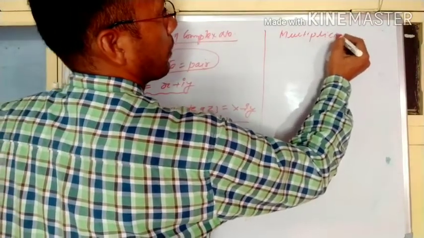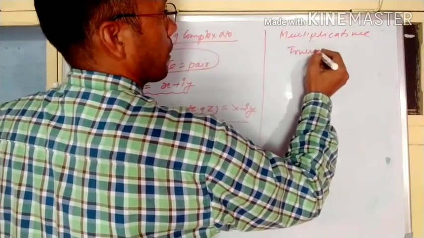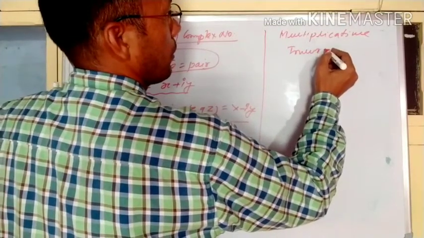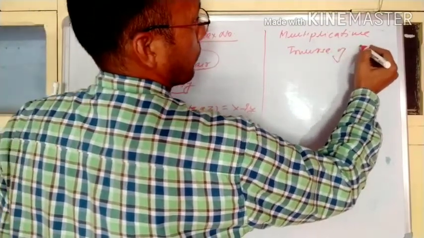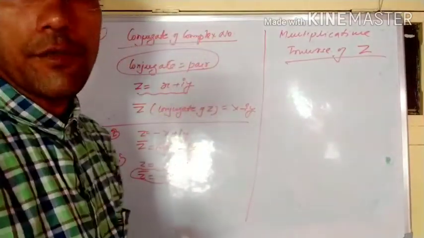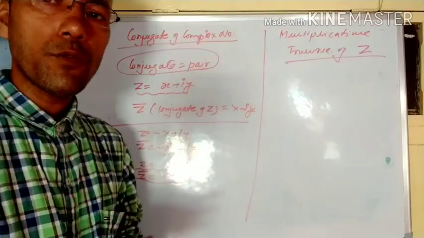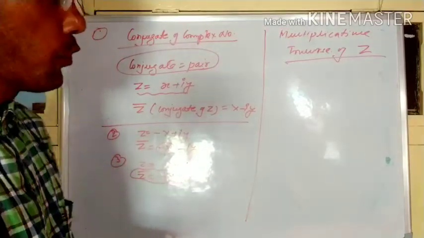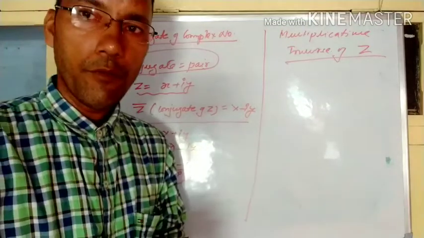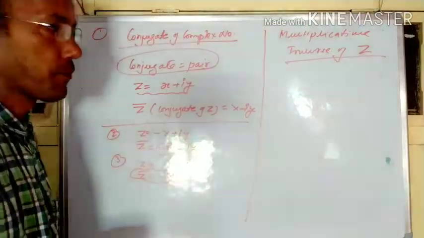The second part is the multiplicative inverse of a complex number. You know multiplicative inverse: what does this mean? If two numbers are multiplied and we get 1, then they are called multiplicative inverses of each other, right?